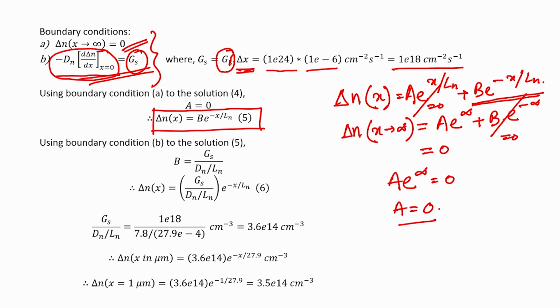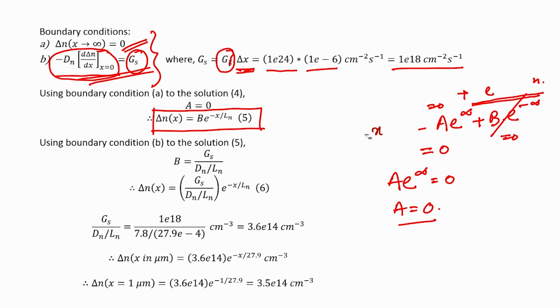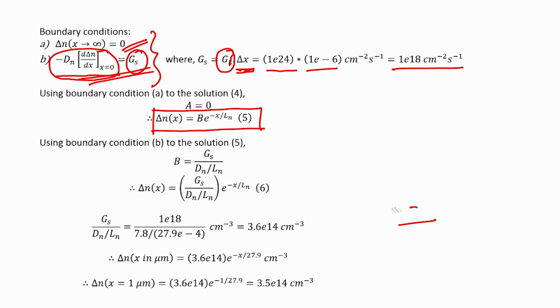The second boundary condition states that minus Dn d del n dx at x equal to 0 is equal to Gs. So, just solve the second boundary condition. Now your del n x, this is the reduced general solution, B e to the power minus x by Ln.